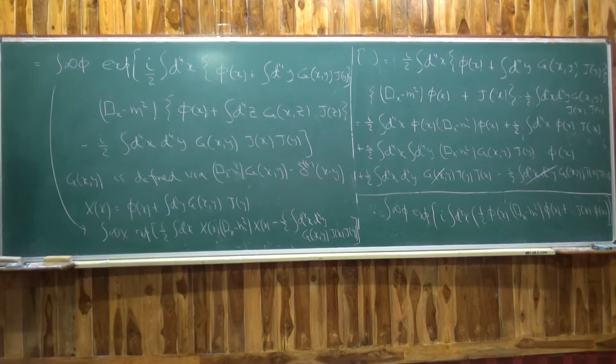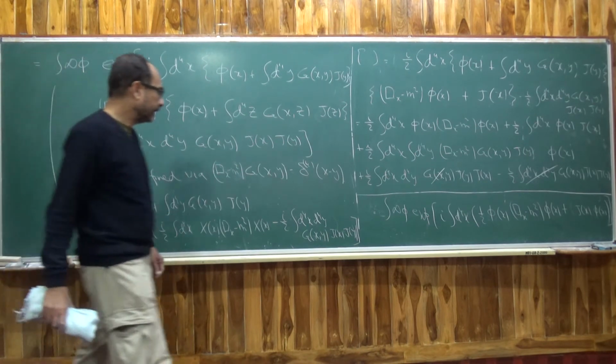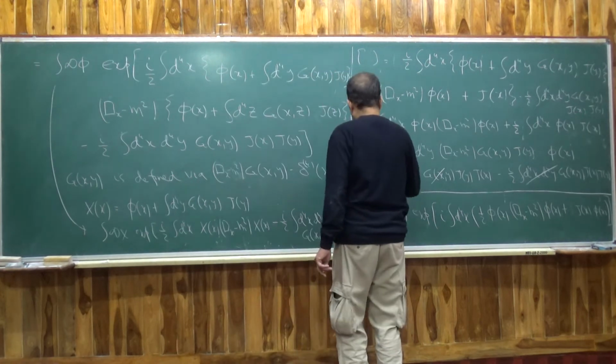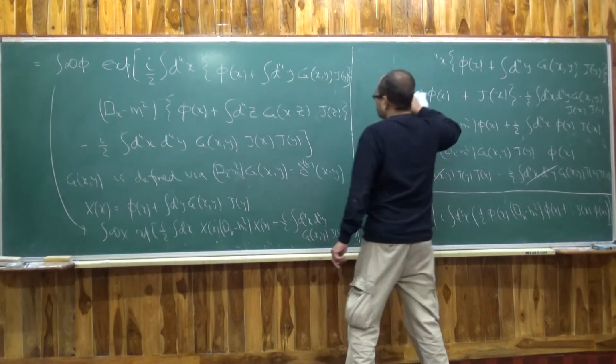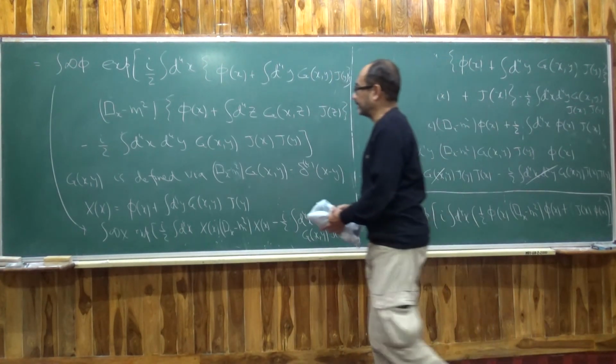Is this clear? But now you see that we are more or less done, because ultimately what are you looking for? This is our z of j.